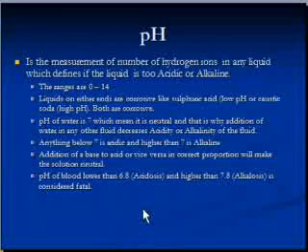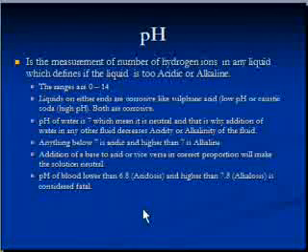So pH is the measurement of number of hydrogen ions in any liquid, which defines if the liquid is too acidic or alkaline. The range is 0 to 14. Liquids on either end are corrosive, like sulfuric acid, very low pH, or caustic soda, very high pH.